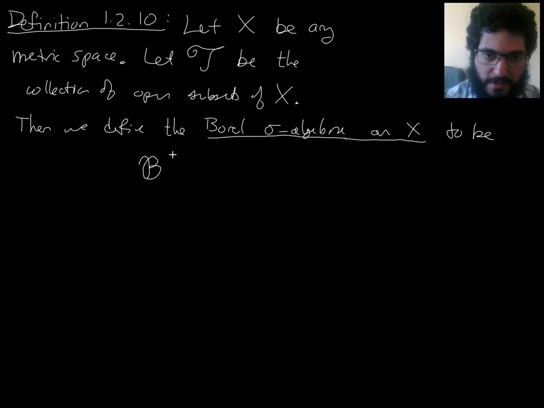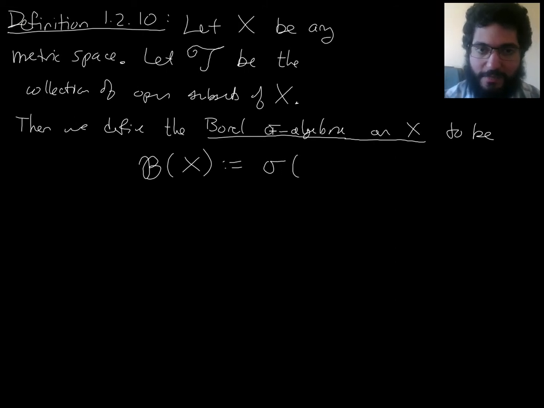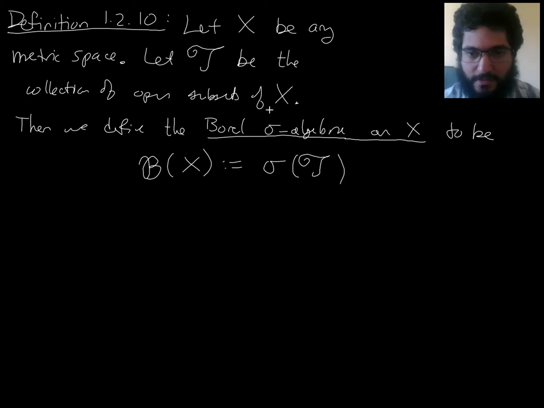We're going to write script B of X. And it's defined to be the sigma algebra on X generated by the open subsets, so generated by this set. I know this sometimes looks a little bit like a J, but it's a T. It's a script T.